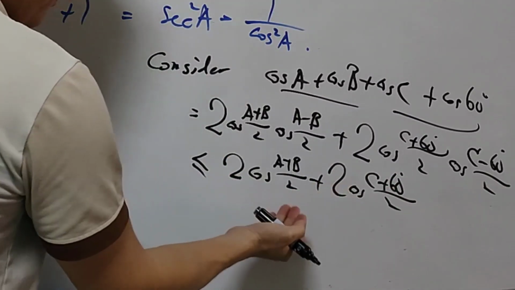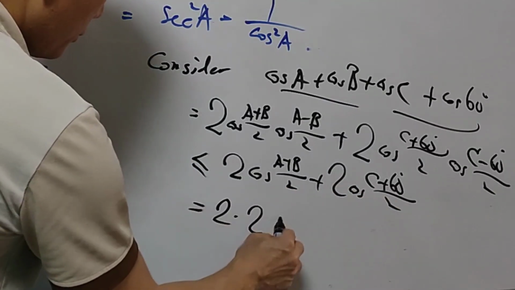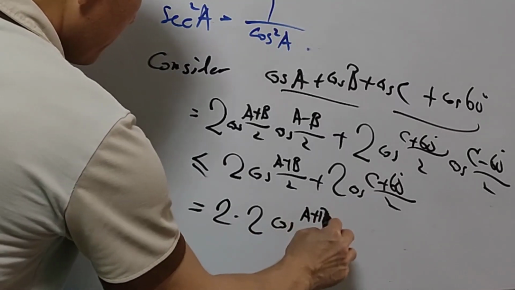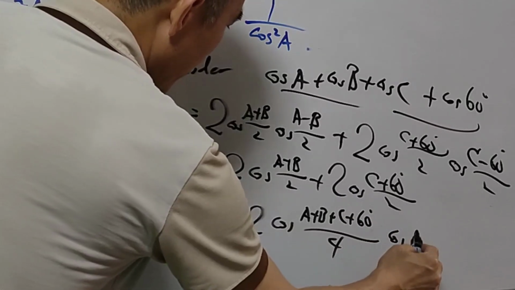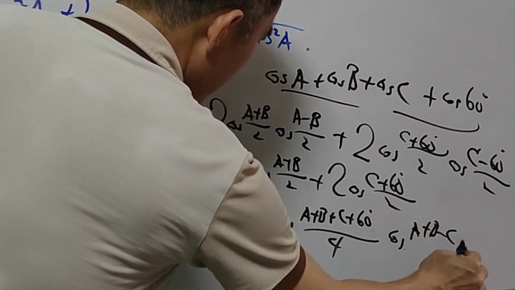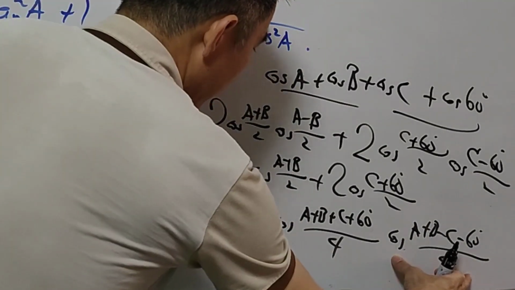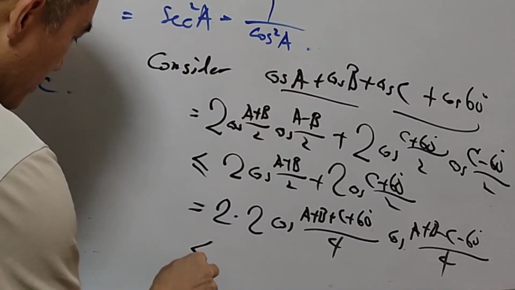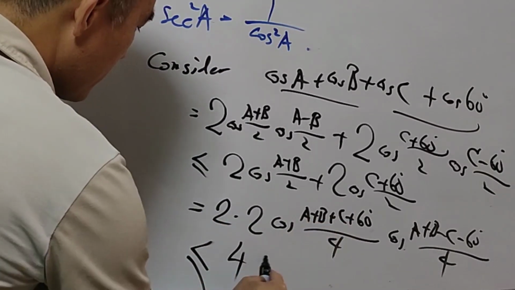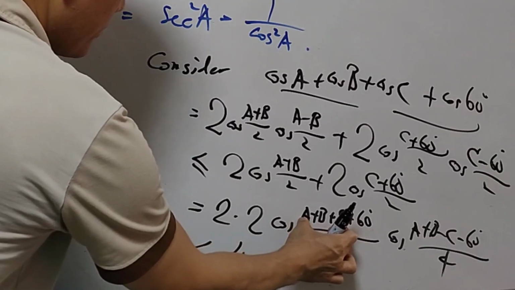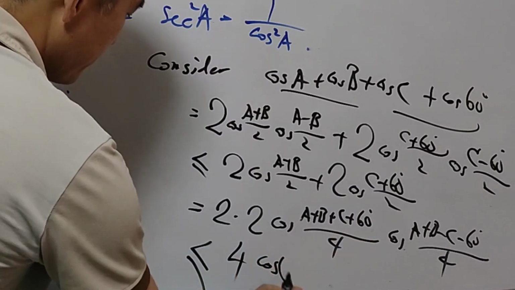Again, take out the 2, we have cos plus cos. It will equal 2 times 2 cosine (A plus B plus C plus 60 degrees) over 4 and cosine (A plus B minus C minus 60 degrees) over 4. So again, the cos is less than or equal to 1. So this is less than or equal to 2 times 2, which is 4, times cosine of (180 degrees plus 60 degrees) which is 240 over 4, that is 60 degrees.